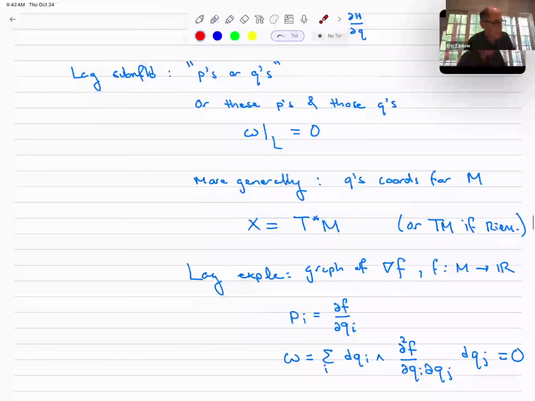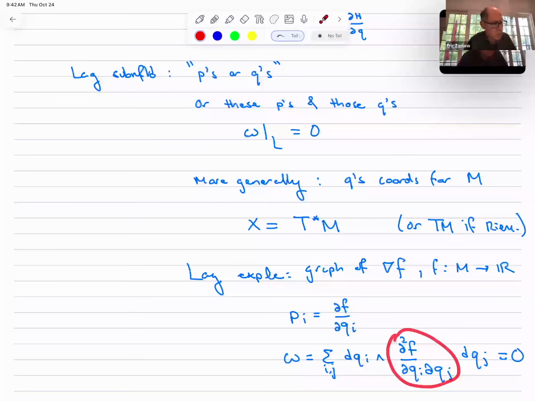Then you can easily see that omega is the sum of dqi wedge dpi, but if pi is this, then dpi is the second derivative of f, summed over j, d by dqj of df/dqi times dqj.